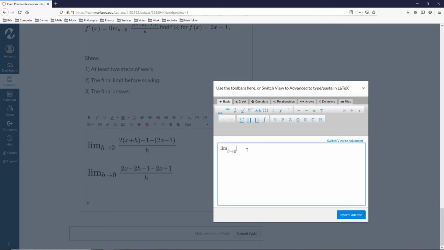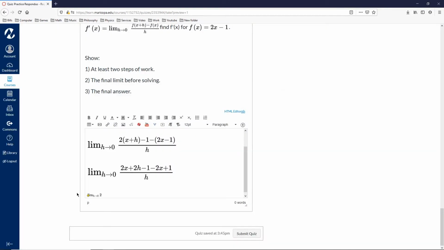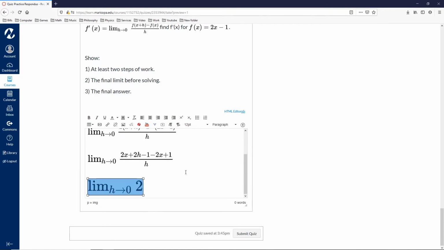Oh, whoops, what happened there? And the h's divide out. And then here is our final limit before solving.